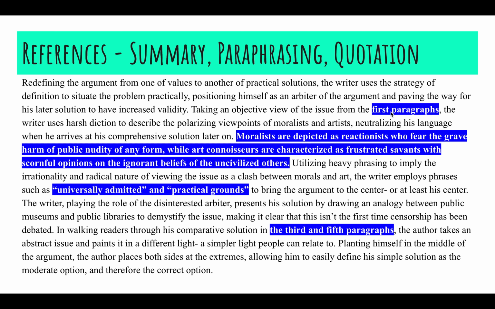So here, when she says that the first paragraphs do this and do that, I get a sort of paraphrasing of what happens at the beginning. Then here I get a summary of how the moralists and the art connoisseurs are described. Then I get some quotations sprinkled in between. And then there's the third and fifth paragraphs again, which are kind of quick paraphrasings.